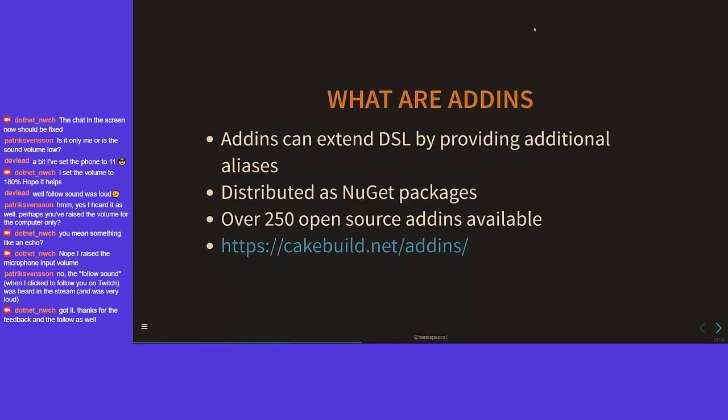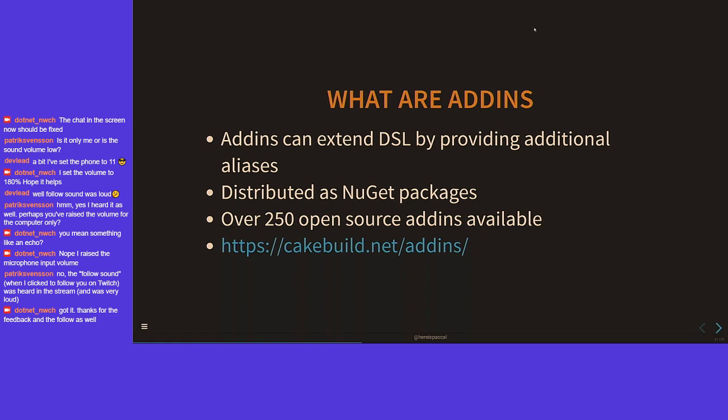So for the first thing, add-ins you can use to extend the DSL of Cake. So all the different aliases we saw for cleaning directories, for restoring NuGet packages, for calling out to MSBuild, these are all aliases which Cake has out of the box.